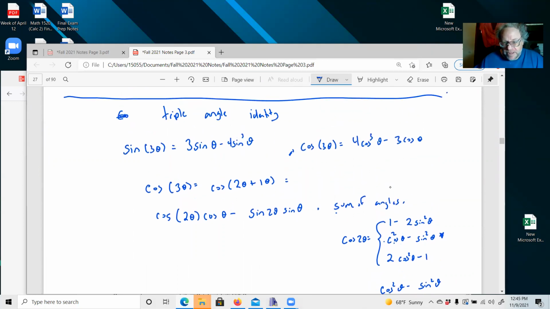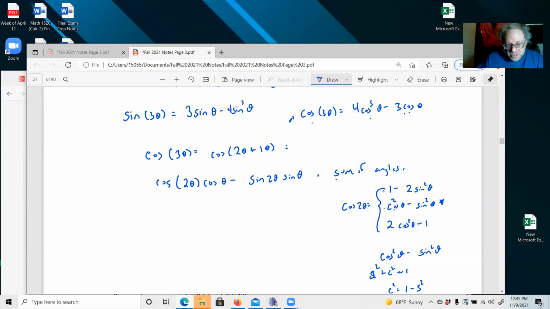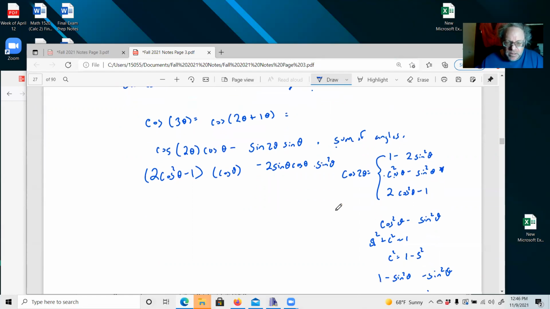Look at my values here. You have a cosine. On the other side, what do you have? We have cosines. So what we're going to do is say this is 2 cosine squared theta minus 1 times cosine theta minus, what's the double angle for sine? Something you should know. 2 sine theta cosine theta times sine theta.